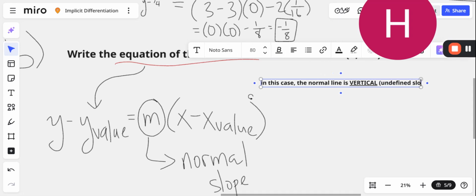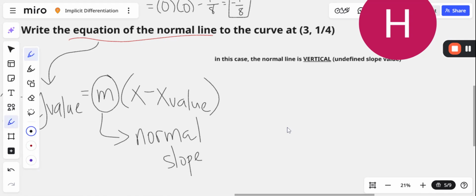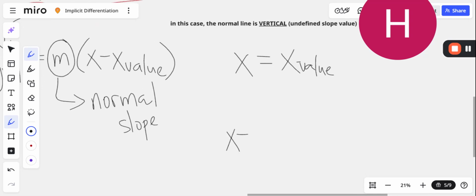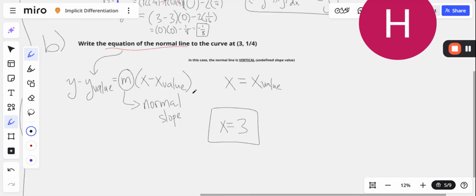Undefined slope value. And because of that, we can use the standard equation for a vertical line, which is simply x equals blah, blah, blah. Whatever the x value is, that is going to be the equation of our line. So in this case, x equals 3 gets the job done. That is the normal line.